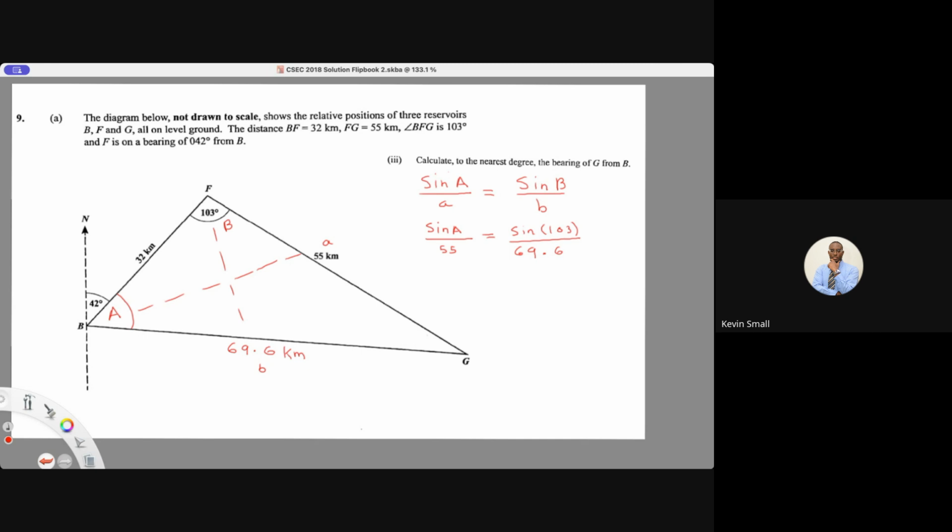Okay, now you guys work it out from there. So you guys work it out for me and let me know what you get. Remember, you have to add in the 42 at the end to get the full angle, the full bearing.